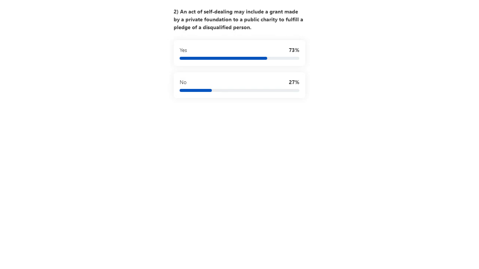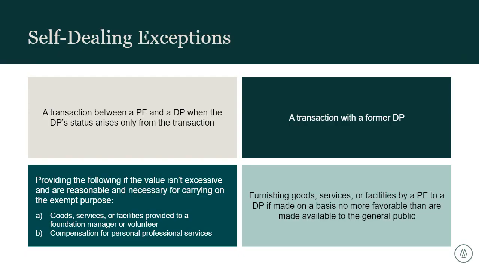Next slide, please. And so here are some exceptions that we commonly see. A lot of times there are transactions between a private foundation and disqualified persons. A common one, when the status arises from the transaction itself, is a bequest from an estate.